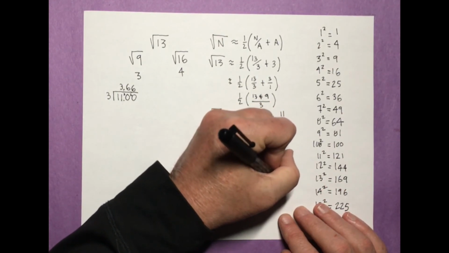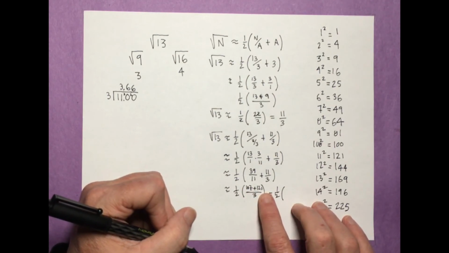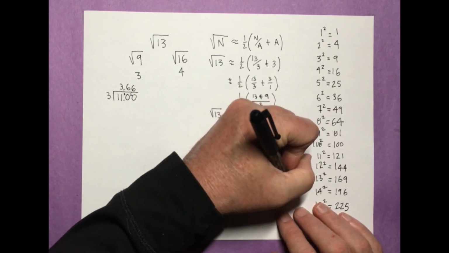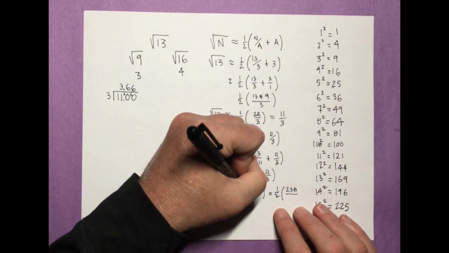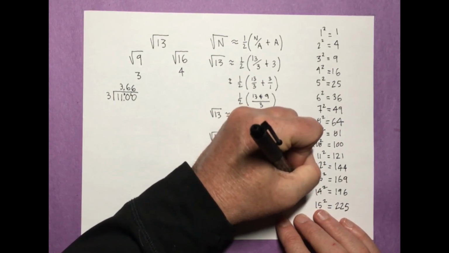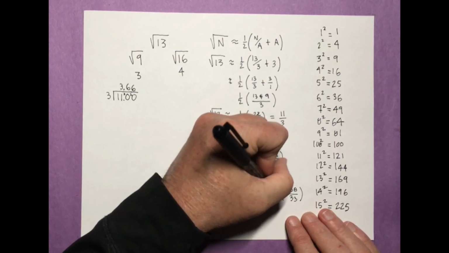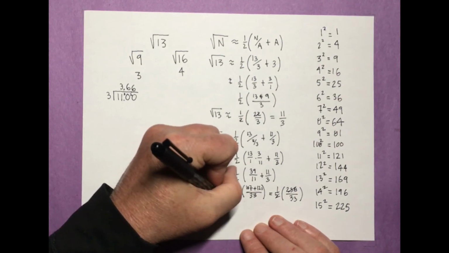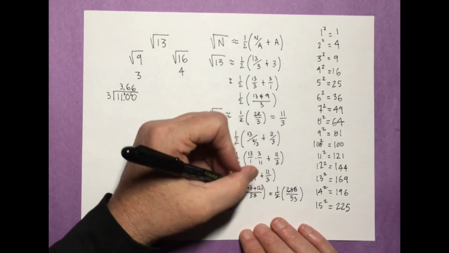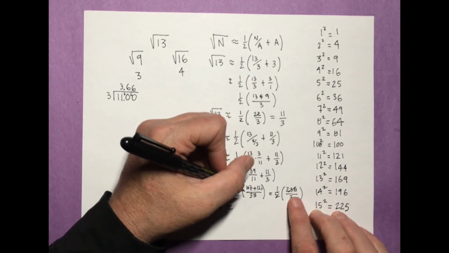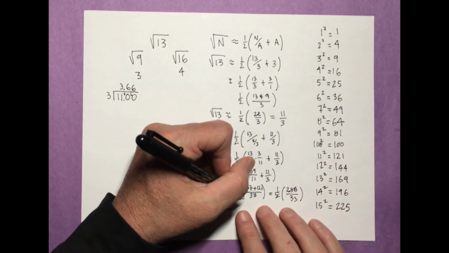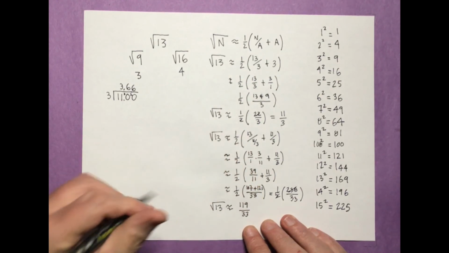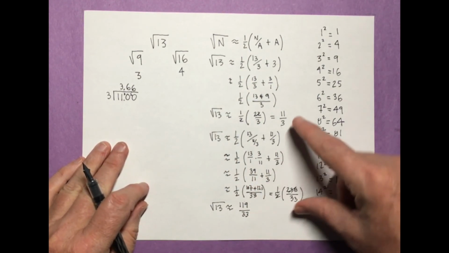So that's 1/2 times 238 divided by, whoops, I missed my 3 there, 3 times 33, divided by 33. Now 238 is an even number, so let me cancel that out with the 2. So the square root of 13 should be approximately equal to, 2 goes into 238 119 times, 119 over 33.